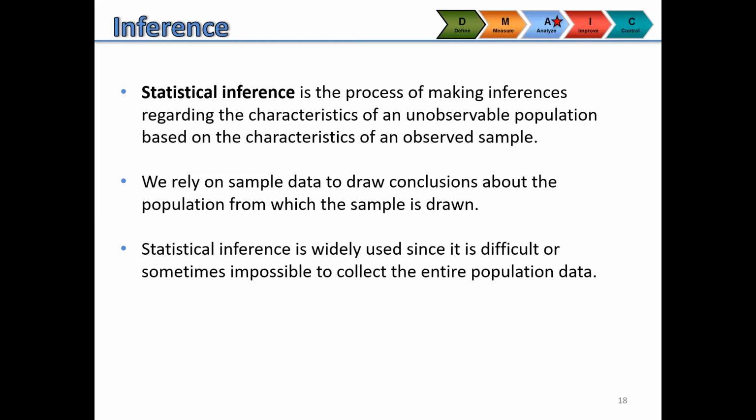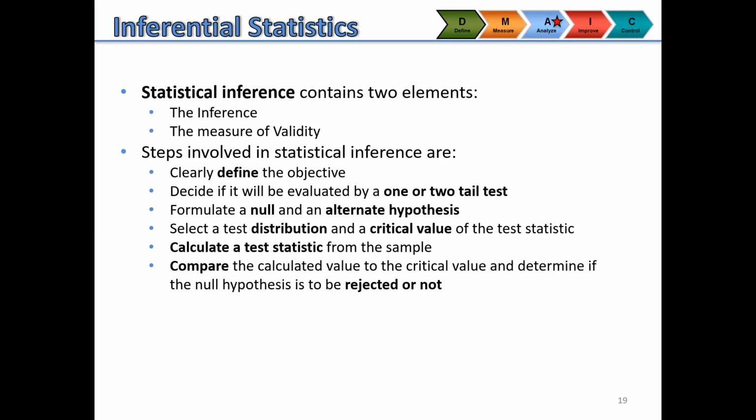It's widely used since it's impossible to collect the entire population, or it's too expensive or costly. It contains two elements: the inference and the measure of validity. The steps involved are exactly what we just did. Find the objective: is it a one- or two-tail test?